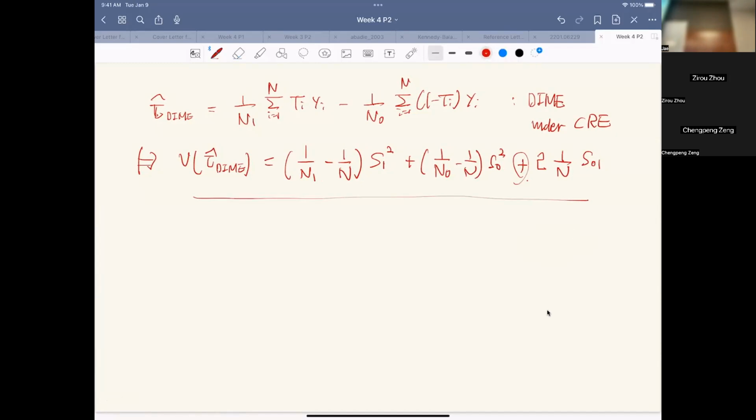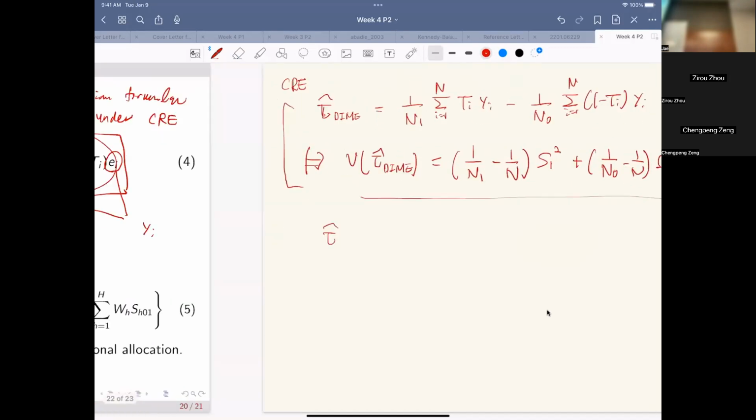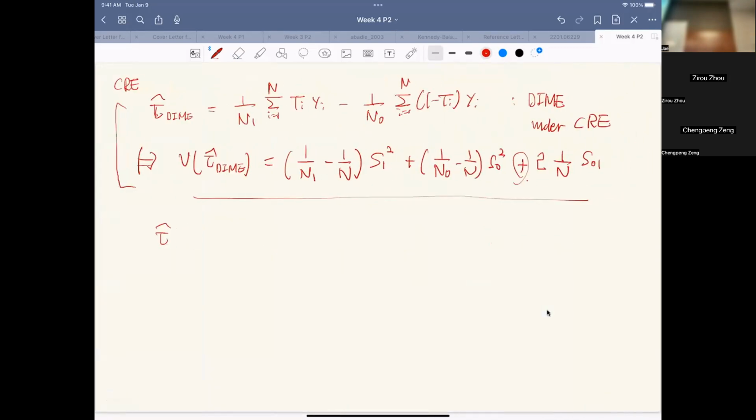And now this is the completely randomized experiment. But now our estimator's distribution is tau plus the same thing, with the only difference being a different adjustment term.